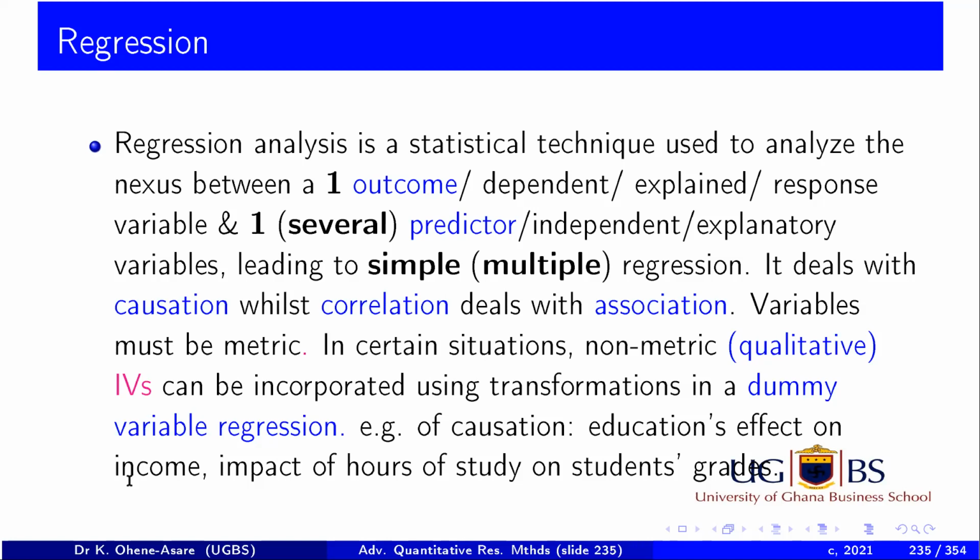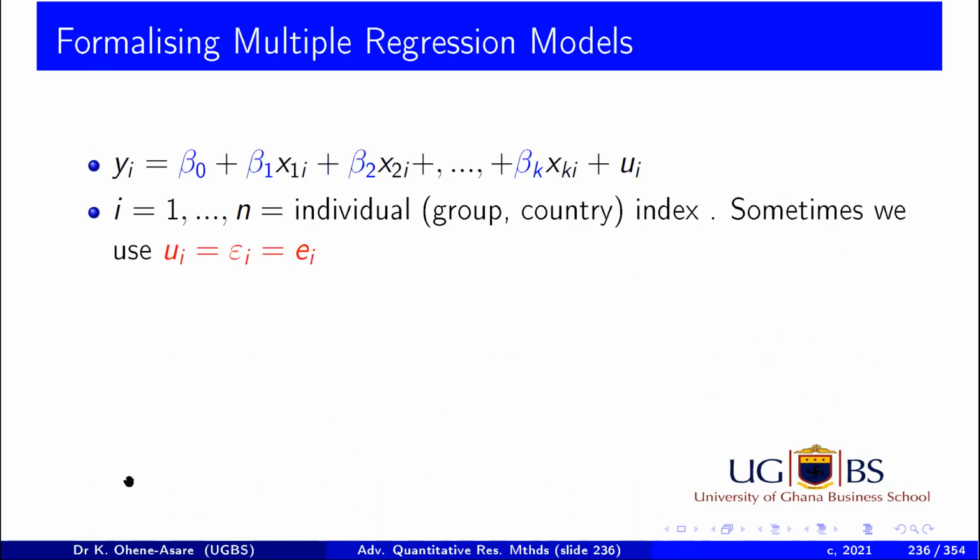What specific factors led to the Biden administration winning the US election? What factors precipitated or contributed to the demise of the former US president? Regression can answer all of these questions.